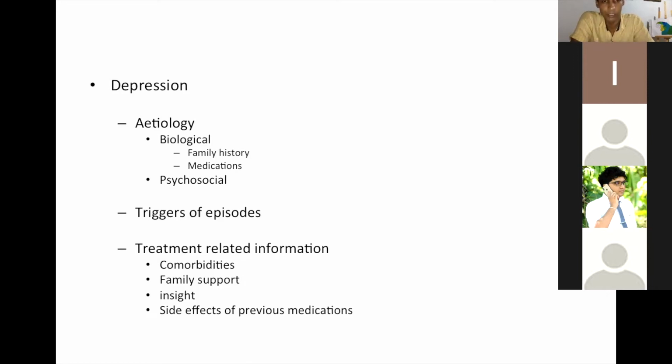And side effects of previous medication. Let's say the patient was diagnosed with depression in the past, and he stopped taking medications because of some unbearable side effects of antidepressants. You would like to know that to think of some other medications this time. So after coming to a probable diagnosis, we need this kind of additional information for these purposes, right?